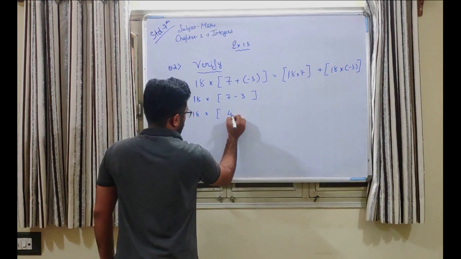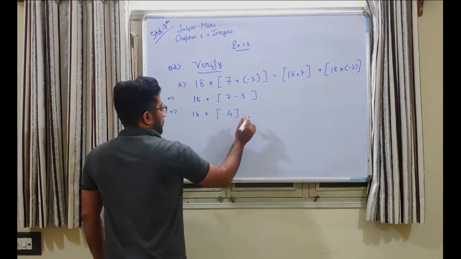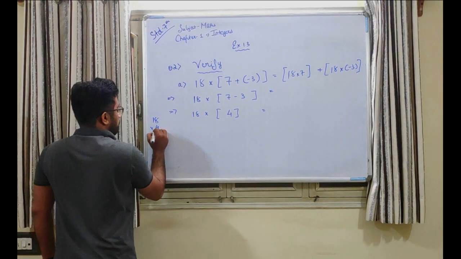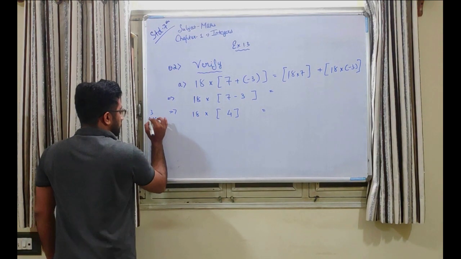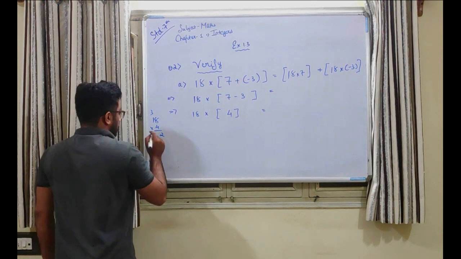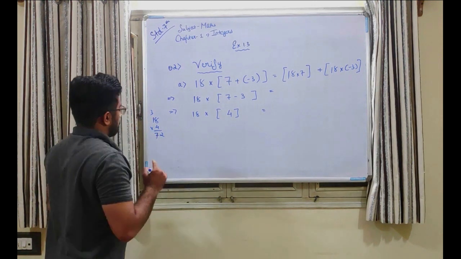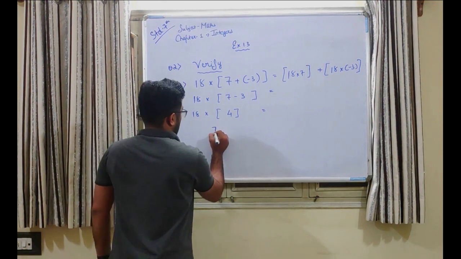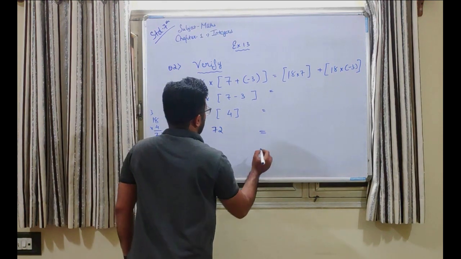So our answer is 4. Okay, now 18 into 4, let us solve. 8 4s are 32, 4 1s are 4 and plus 3, that is 7, that is 72. So our final answer here on the LHS side is 72.